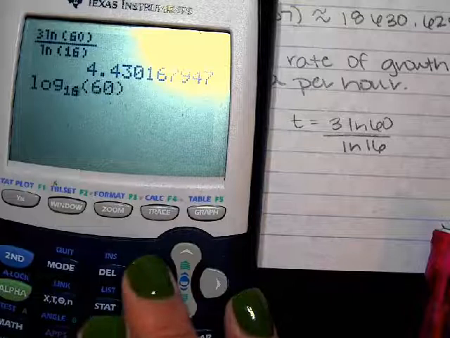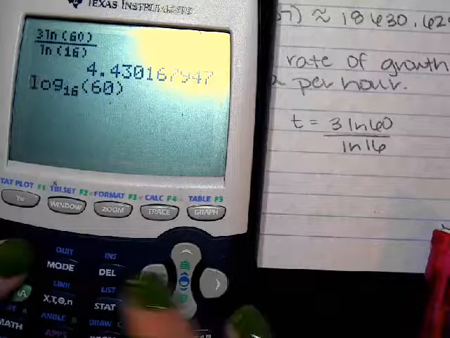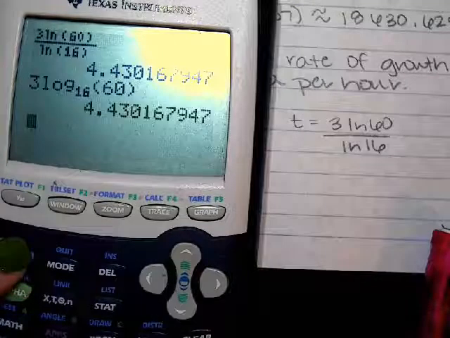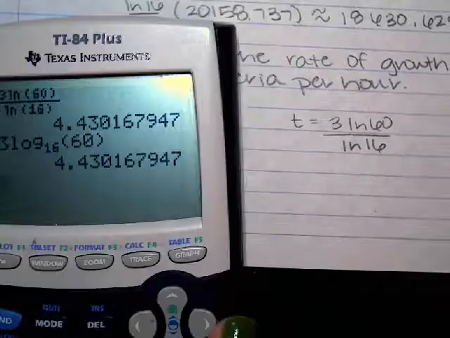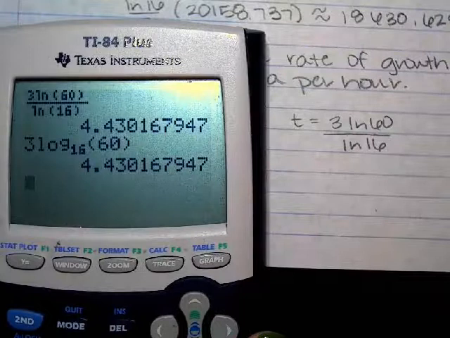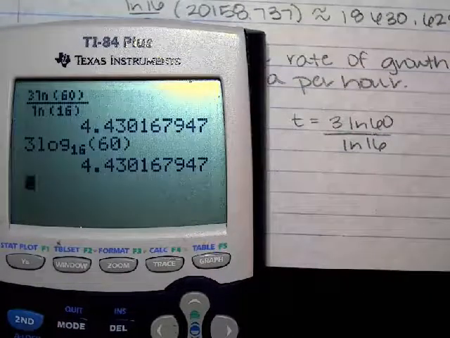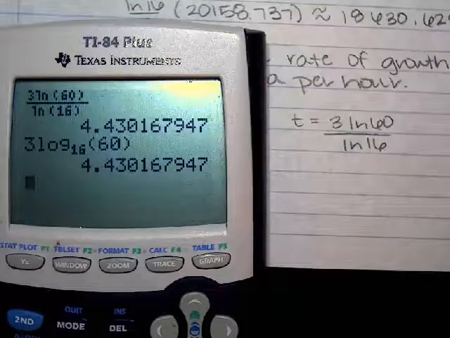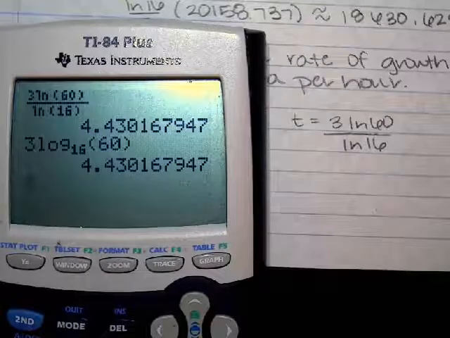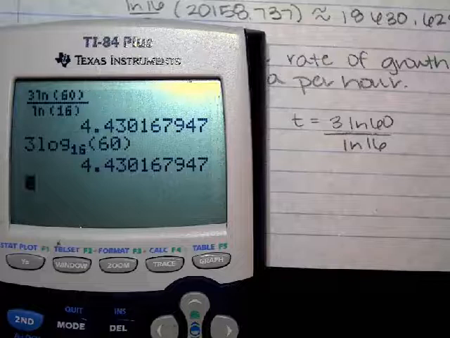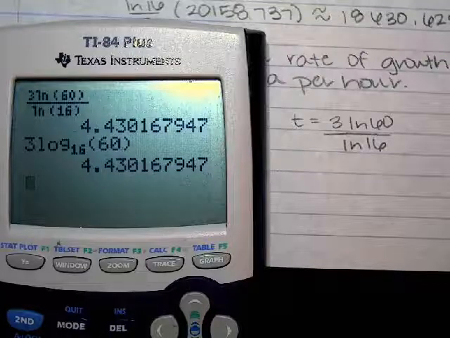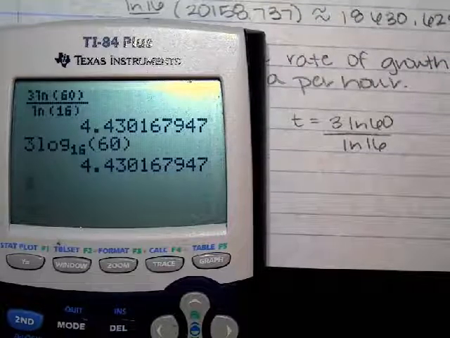It's the change of base formula. So if you wanted to simplify it and only have one log, you could rewrite it as log base 16 of 60. I wouldn't do that, but if you wanted to, you could. Man, I'm impressed by myself.